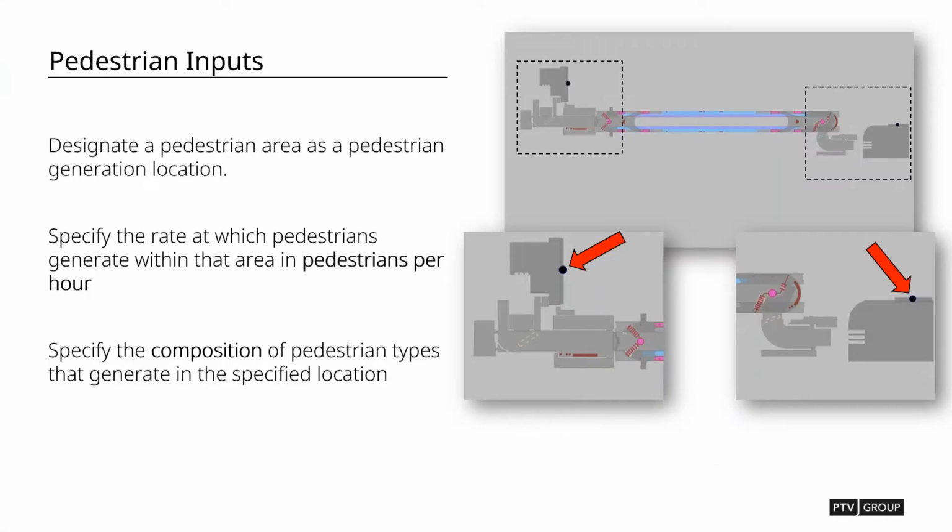Just like you would do with a vehicle input in Vissim, you're also going to define different pedestrian types. Now that could be adults, that could be children, that could be ADA considerations, that could be non-ADA considerations, right? And so in this case, depending on what types of pedestrians you have, you can create different compositions to simulate that.